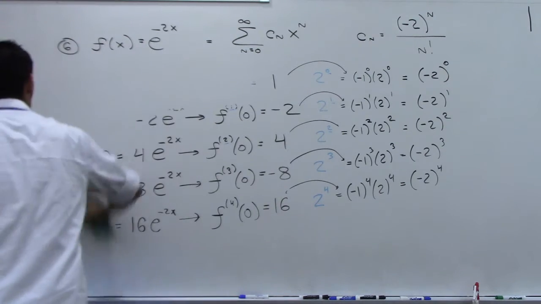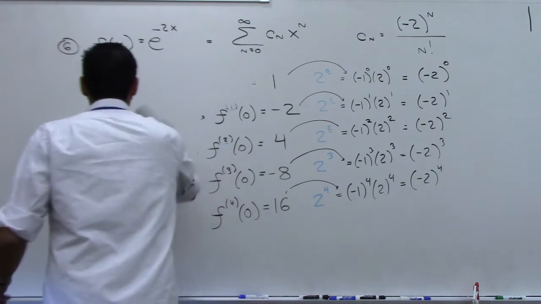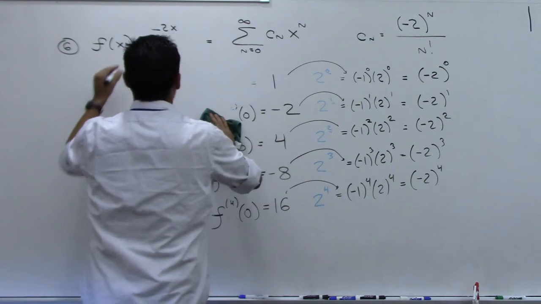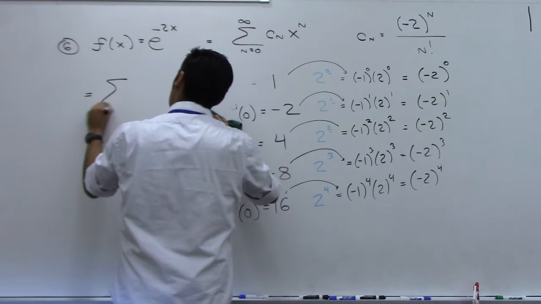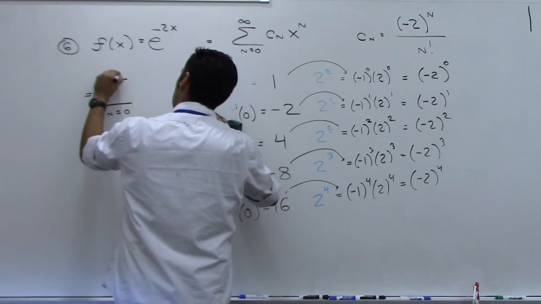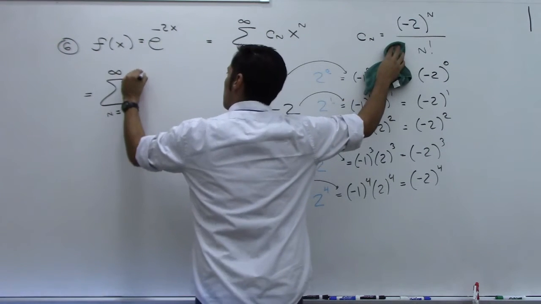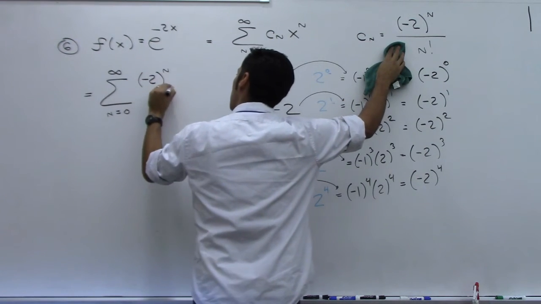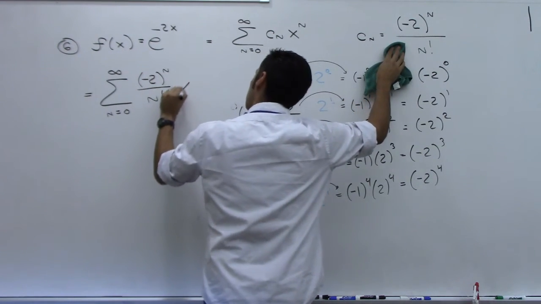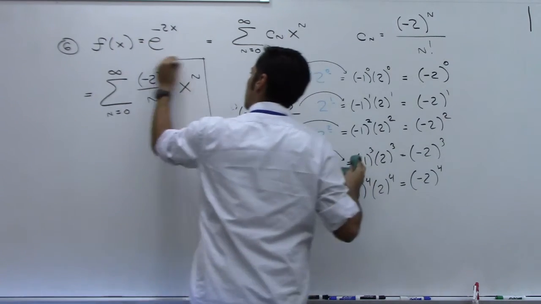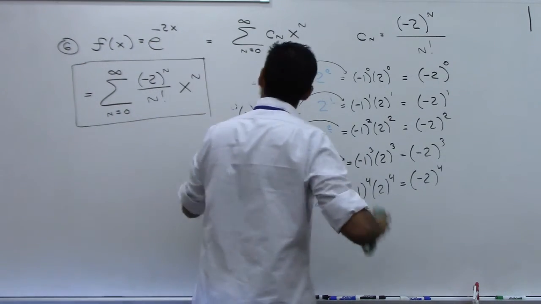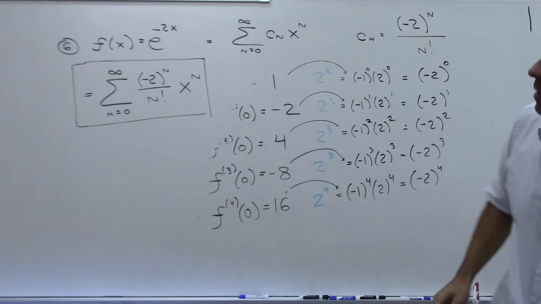So we have the original function can be written as the power series starting at n equals 0 to infinity of negative 2 to the n over n factorial times x to the n. That is the Maclaurin series for e to the negative 2x.